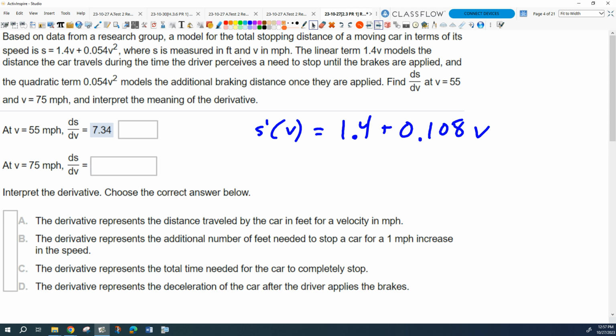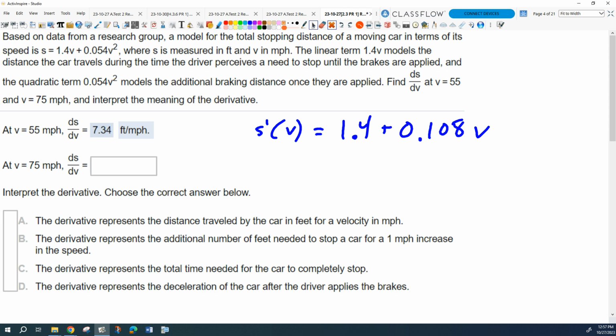It's going to be units of stopping distance divided by units of speed. We'll look at a graph of this in a second. We're talking about the rate of change of stopping distance, that's the numerator of our rate always, with respect to means divided by speed. So we're going to have feet per miles per hour. That's a weird unit, but it means something. We'll talk more about that.